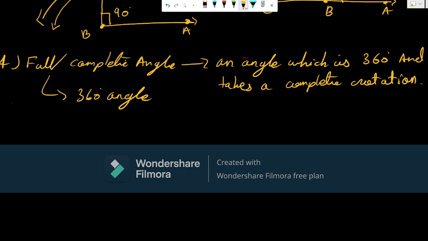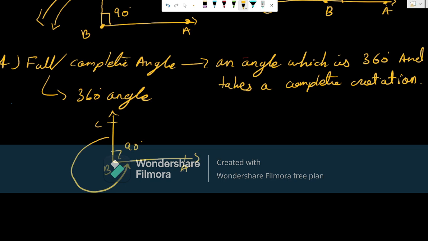Suppose I have this angle. Let's draw a right angle here again. Okay, so this is C, this is B, this is A. Okay, 90 degree. Now if I take the BC line and completely rotate it and bring it here, making a 0 degree angle.